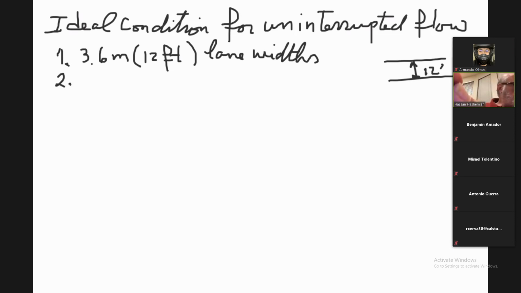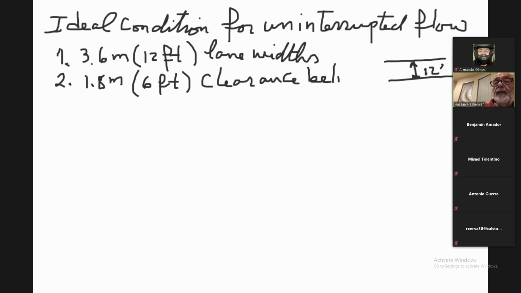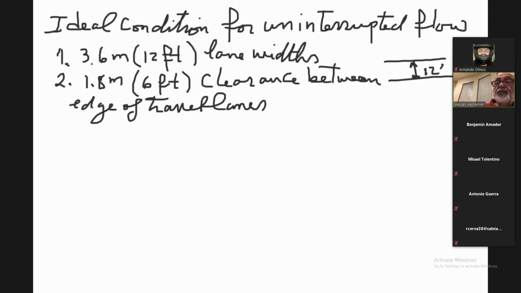The second one is 1.8 meter or 6 feet. And that's the clearance between the edge of the travel lane and the nearest obstructions.